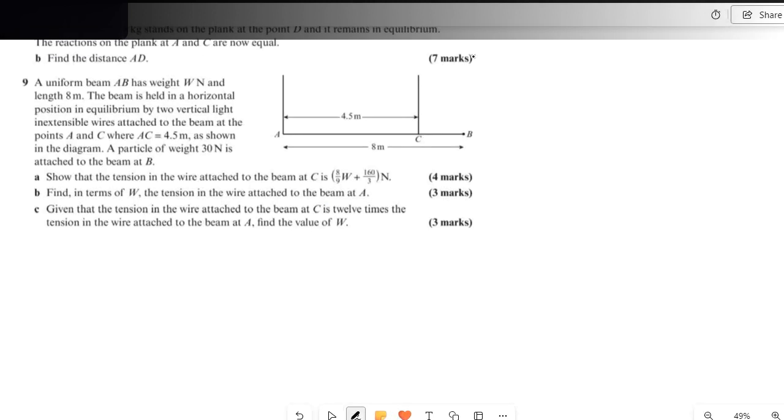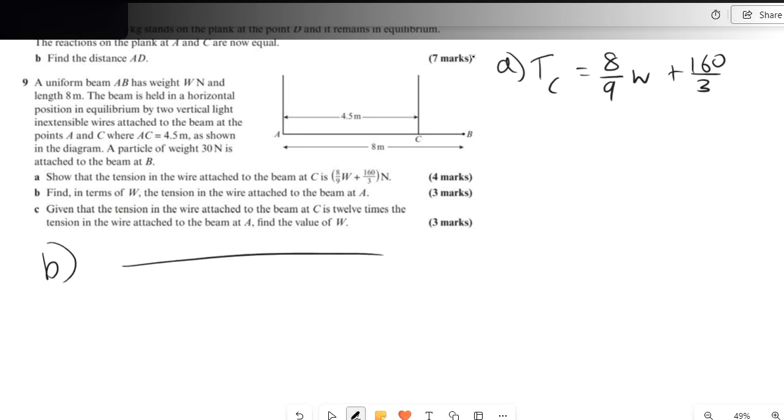For number B, we have to find, in terms of W, the tension in the wire attached to the beam at A. For number A, we found that the tension at C was 8 by 9 W plus 160 by 3 newtons. So therefore, for number B, if we just draw the diagram again, here was A with a tension of TA.